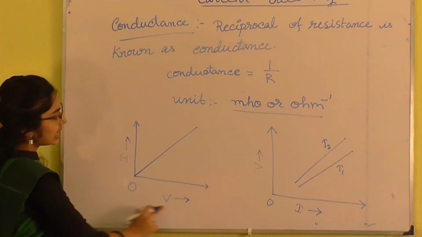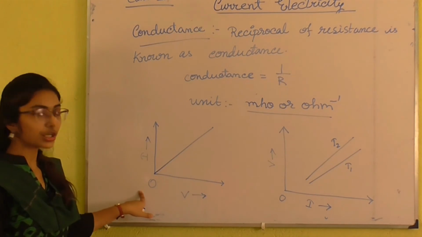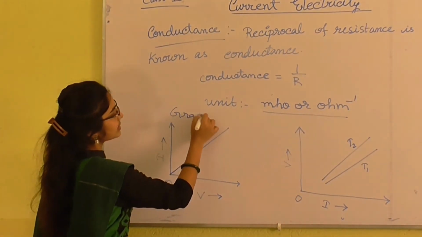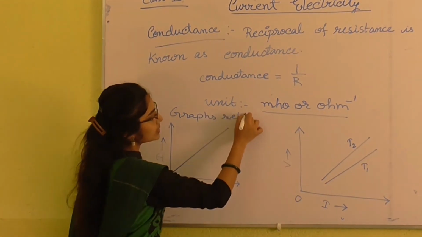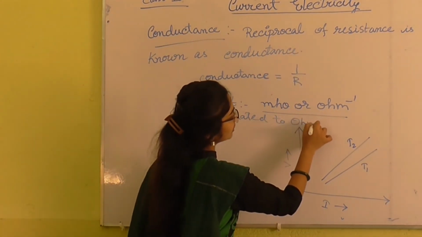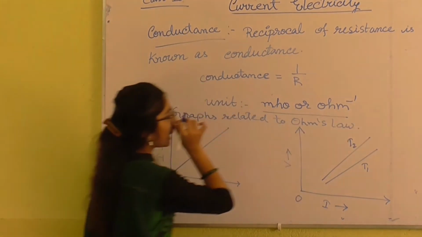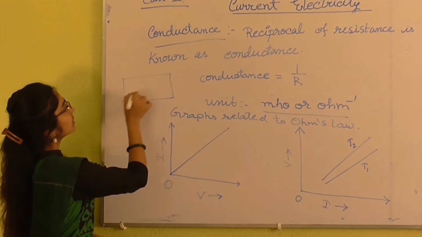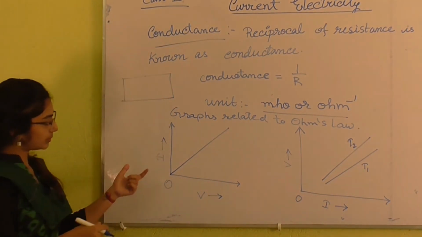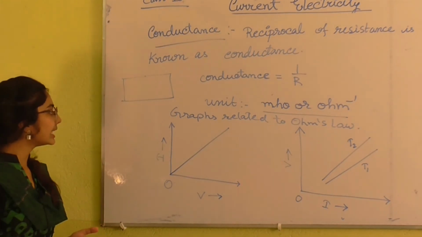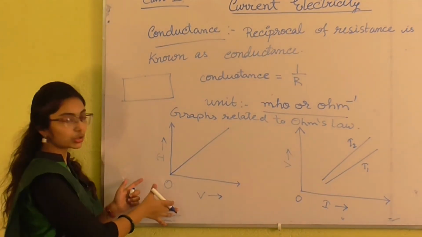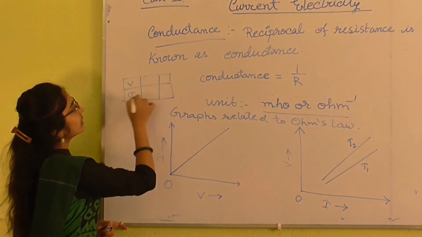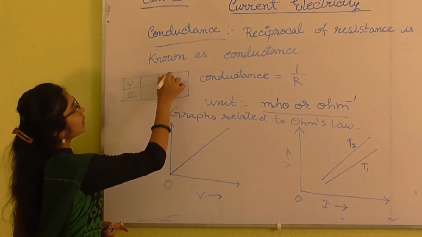Next, this is the graphical representation of Ohm's law. Graphs related to Ohm's law. In Ohm's law, we have seen the relationship of V, I and R, and there is a proportional relation between V and I. These are the plotting.